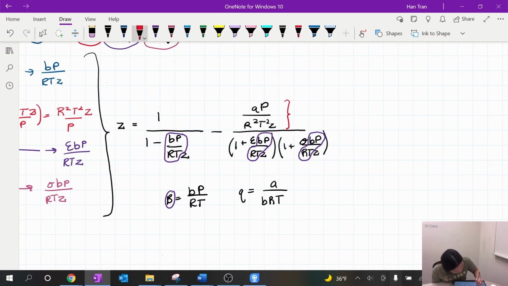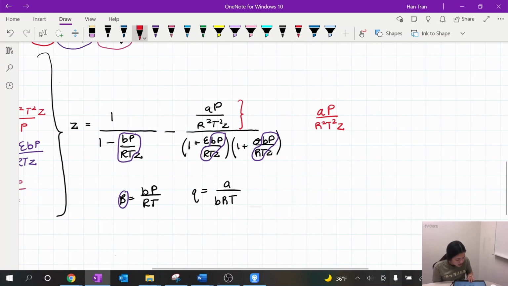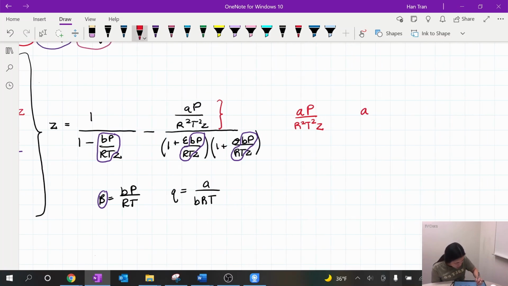So we have the numerator is A times pressure divided by gas constant R squared times temperature squared times compressibility factor Z. Well, we see that Q has an A, and this messy numerator has an A. We see that it has an R, both have an R, both have a T. So we're going to take those out. And that leaves us with the pressure divided by a gas constant R times temperature times the compressibility factor Z.